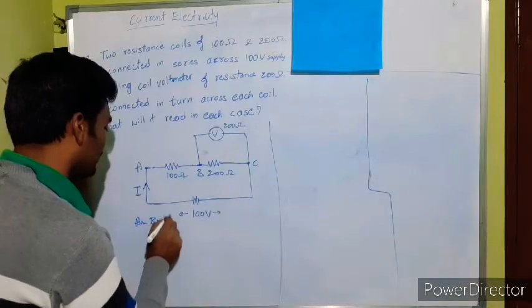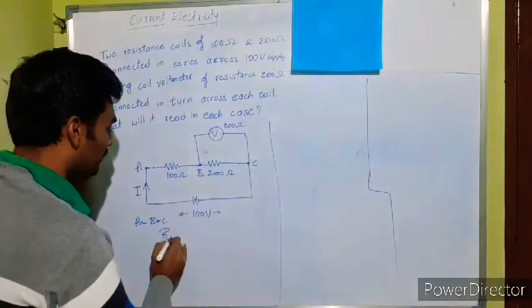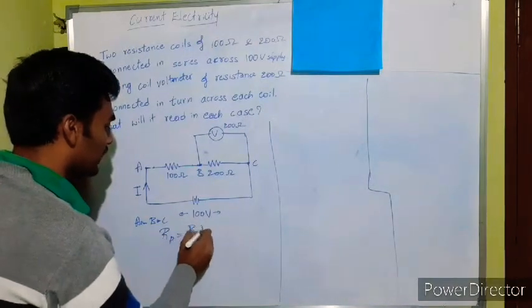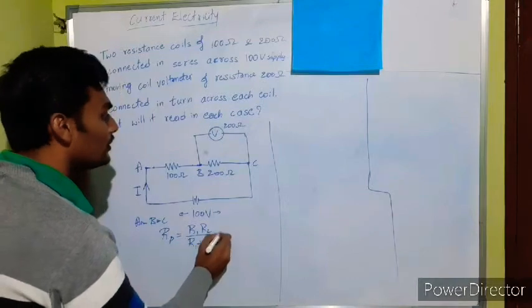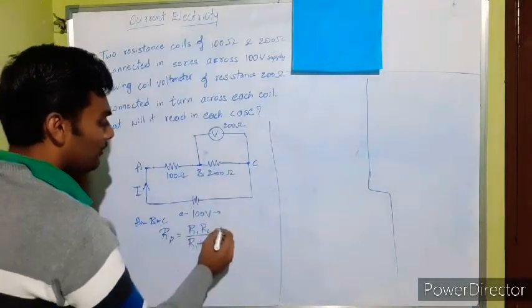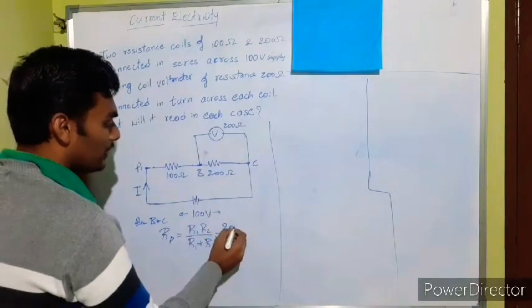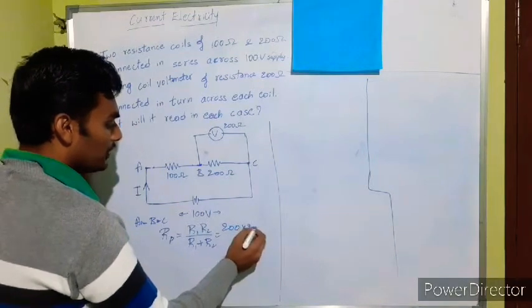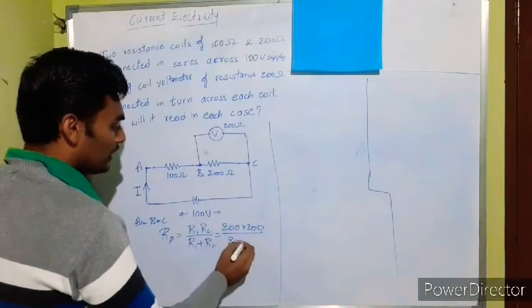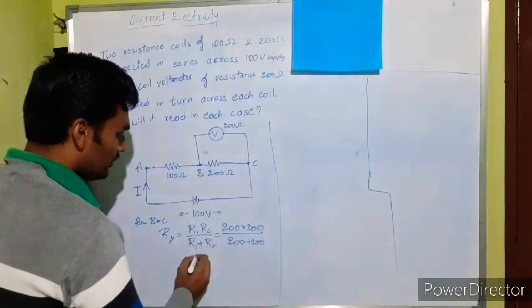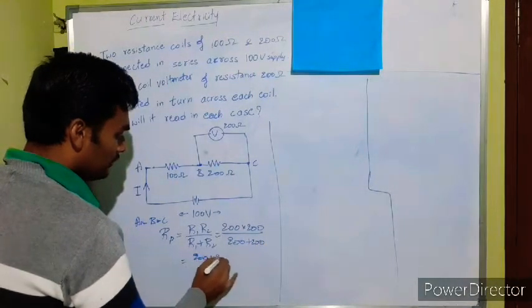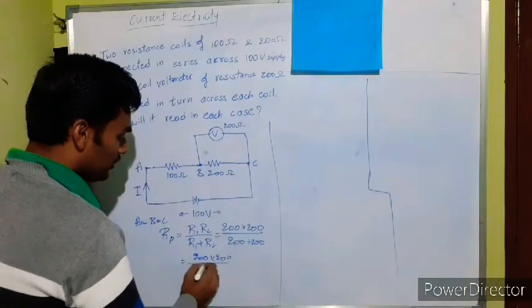Across B and C, Rp is equal to R1 R2 by R1 plus R2. Since they are the same, I could have directly taken 200 into 200 by 200 plus 200, which is 200 into 200 by 400.